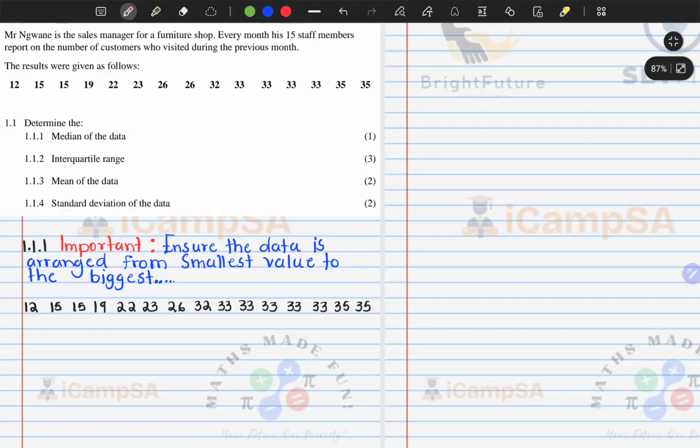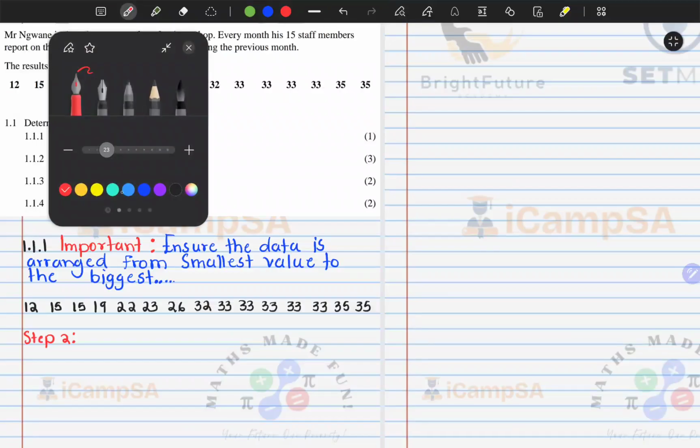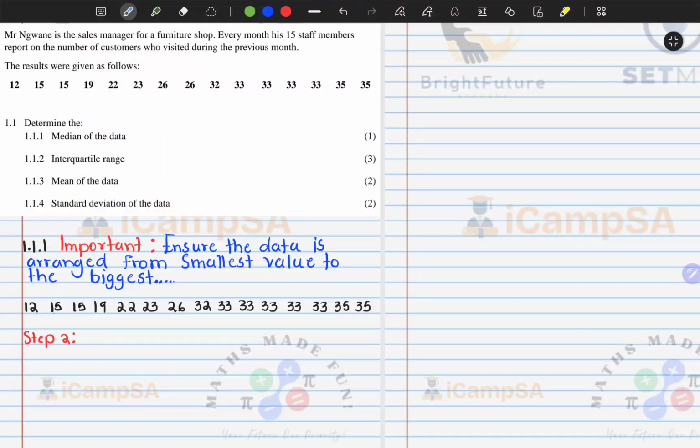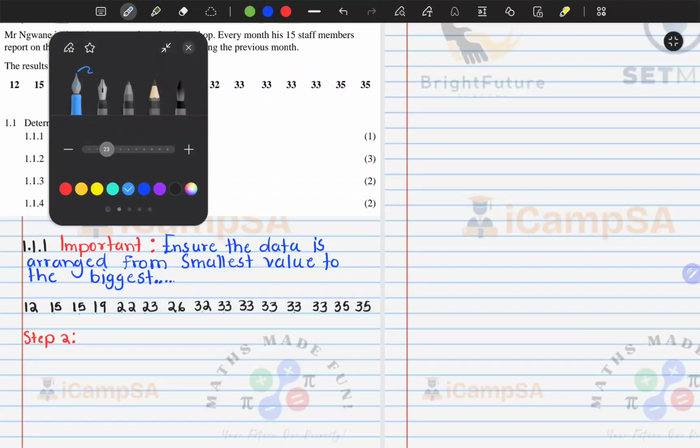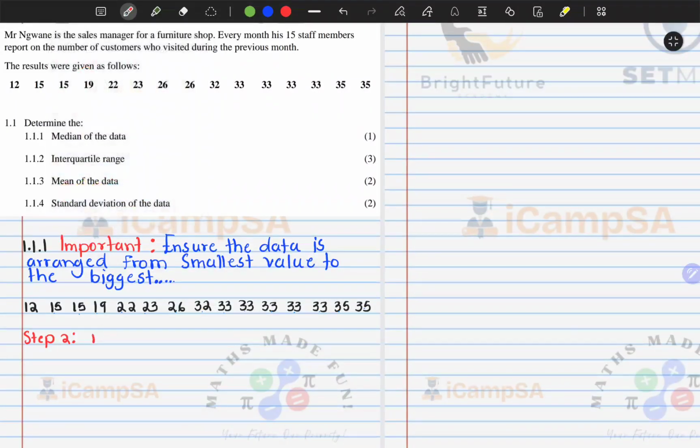Next, and this is going to be our step number 2 whenever we're dealing with such a problem, we need to count how many values we have here. If you do your counting, you'll see we have 1, 2, 3, 4, 5, 6, 7, 8, 9, 10, 11, 12, 13, 14, 15. So you will realize that n equals 15.